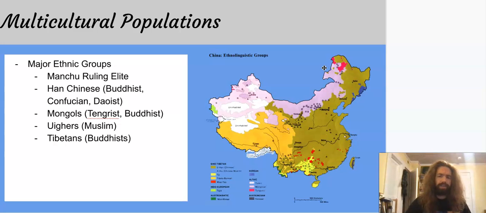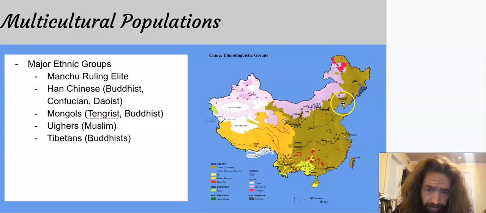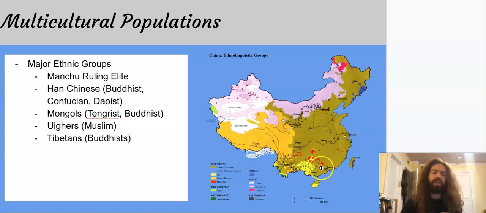So, by conquering all of this new territory, the Manchu bring in a whole bunch of new ethnic groups under the control of the Chinese emperor. So the Manchu, as I already mentioned, come from up here in the north. And then the sort of majority population, the Han Chinese, that is the people from the Chinese heartland, mostly agriculturalists, live here in this eastern half of the empire.